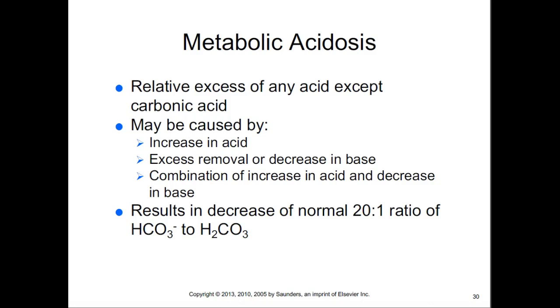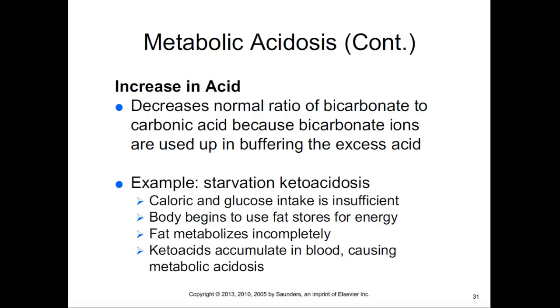So you see a decrease of the normal 20:1 ratio of bicarbonate, which is the base, to carbonic acid. So where do these acids come from? The normal ratio between bicarbonate and carbonic acid decreases because bicarbonate ions are used up in buffering excess acid.